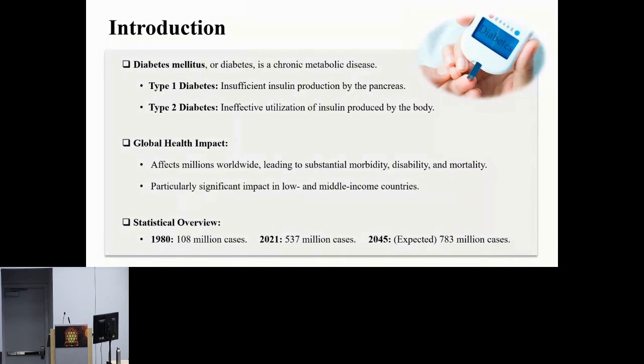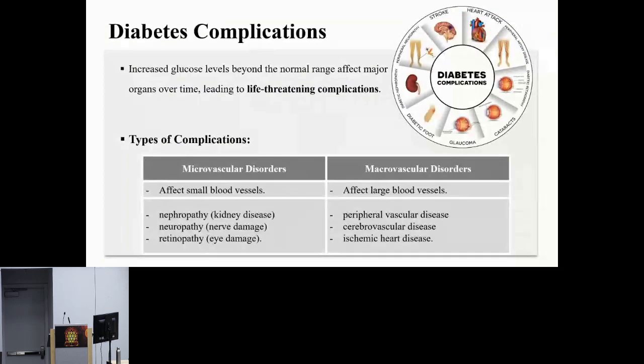Diabetes nowadays poses a critical global health concern, significantly affecting millions worldwide and leading to substantial morbidity, disability, and mortality rates, especially in low and middle income countries. In this aspect, increased glucose levels beyond the average level in the bloodstream may affect various major human organs over time. This can result in long-term life-threatening health complications.